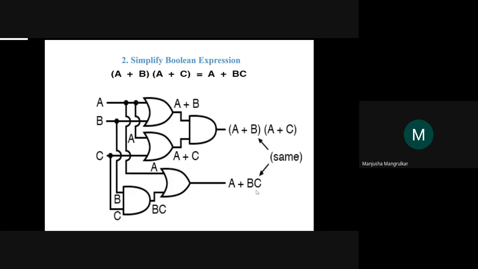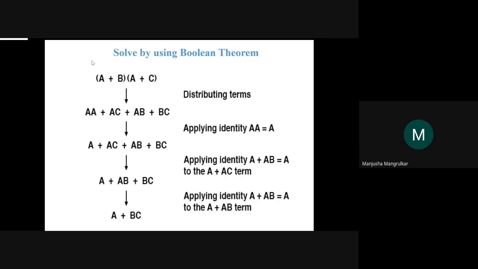Now we'll see it in the theorem, right? This is our equation: A or B ANDed with A or C. We use the distribution law here, that is A and A, A and C, A and B, and B and C. So this is the distribution law.